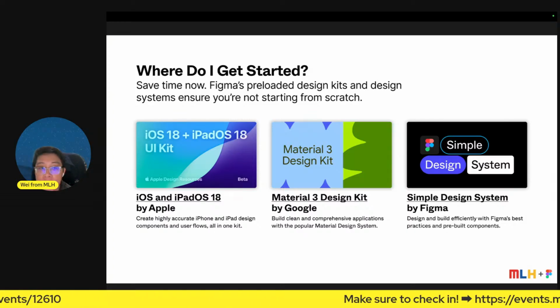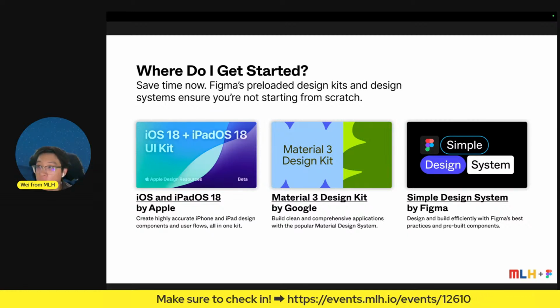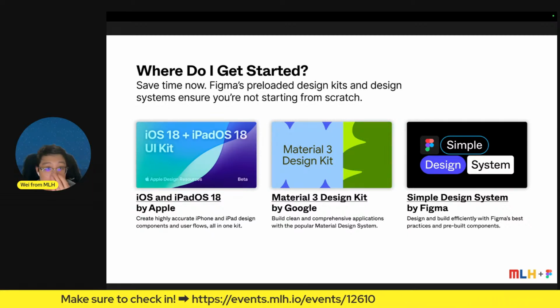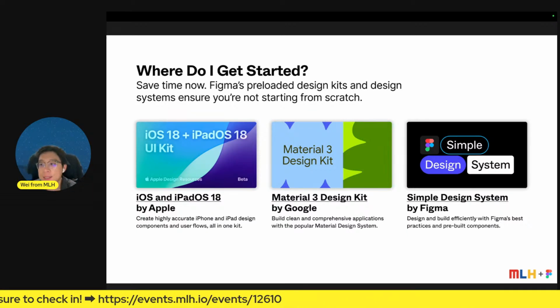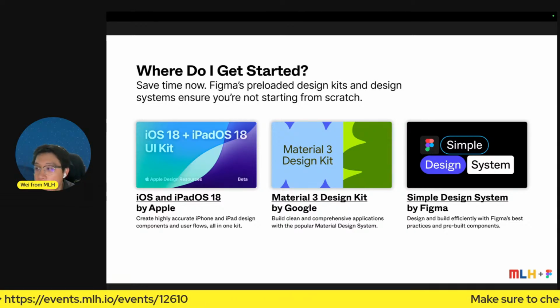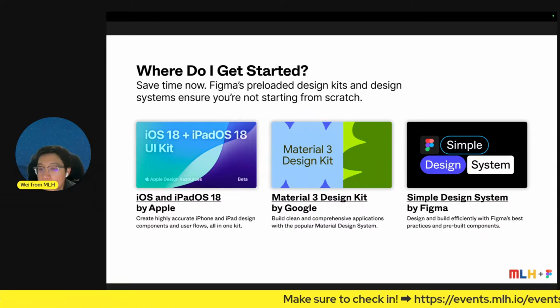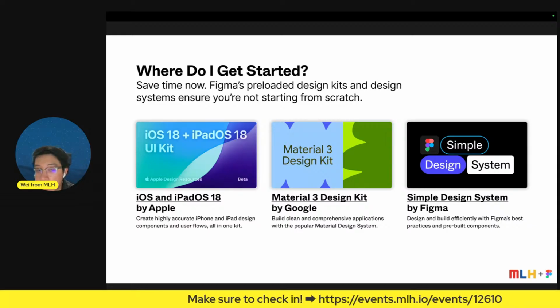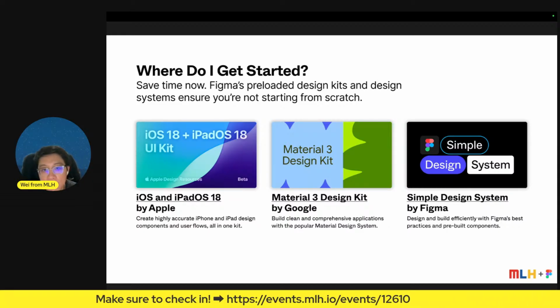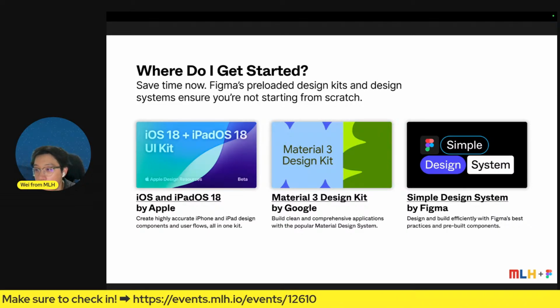And you may be asking, like, all right, I know what Figma is. I know why it's useful. Where do I get started? So Figma has entire communities of design libraries like these and design kits to ensure you are not starting from scratch so that you can hit the ground running, if you will.